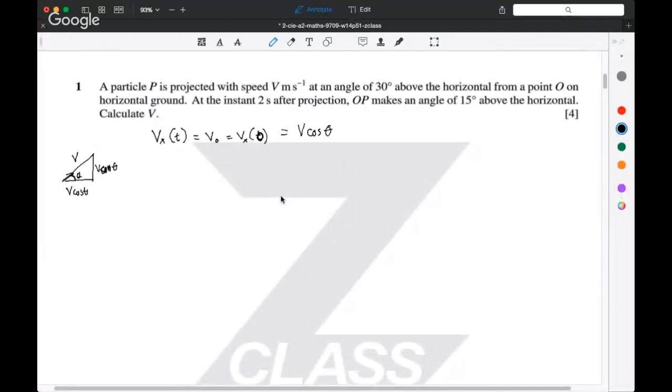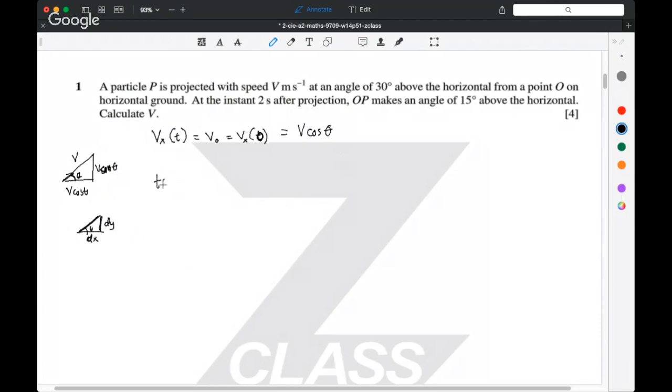Now, what about y? Well, if you look again at this diagram, at an instantaneous time, you make this angle and you travel some small distance in the x direction and some small distance in the y direction.